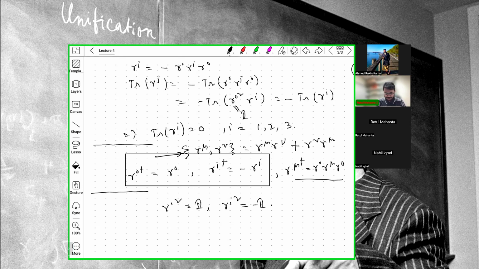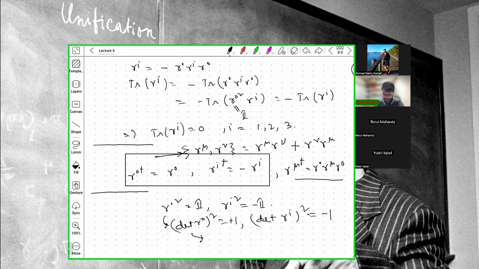You know that the eigenvalues of these are, because determinant of gamma 0 square is identity and determinant of each gamma I square is -1, and the determinant should be the product of eigenvalues. From there, you know that it could be ±1.